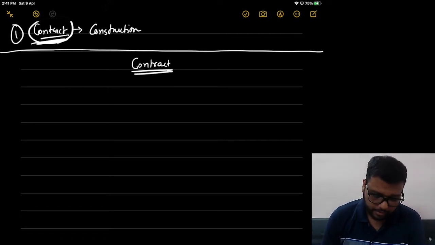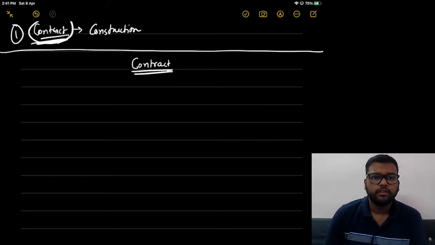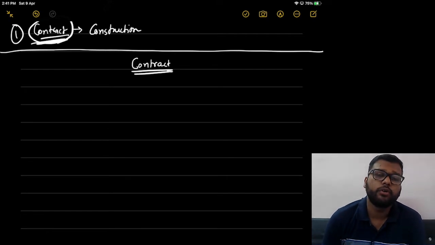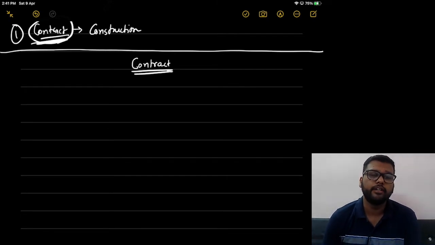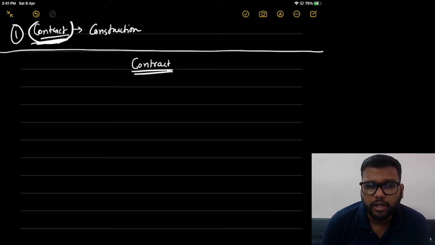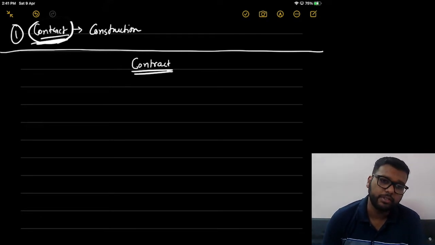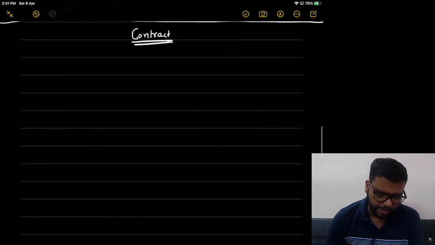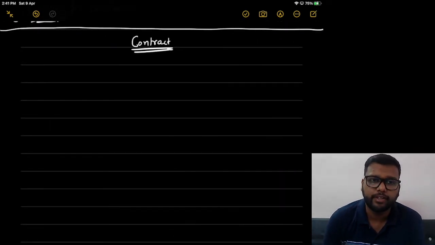First of all, can you tell me what will be some issues in contract costing which will be different? Up to now we have seen service costing and process costing. Unit batch you have not finished, fine, but service costing and process costing you have finished. So can you tell me in contract costing what will be special, what will be different?